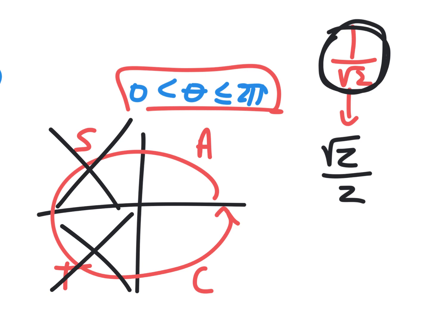Now you could have gone the other way and used root 2 and over 2, but I personally think you'd be better off to recognize that that's just a rationalized 1 over root 2. So now from here, you need to draw your triangle in the right spot. Remember, you can always look at the answer key for this, but.